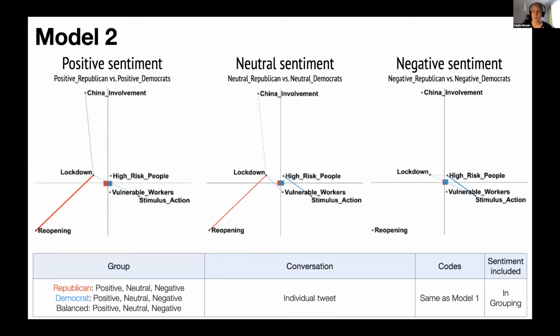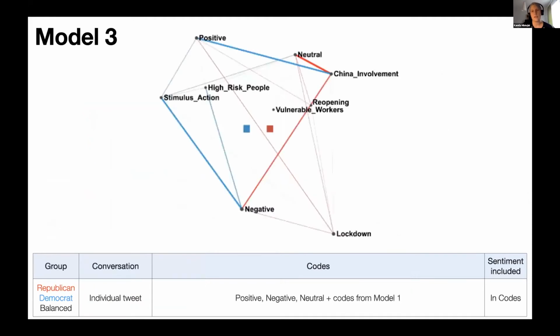So it was part of our segmentation of the data, where we grouped the data not only by the tweets directed at or talking about the Republicans, but also by sentiment: only the tweets that were positive in the first model, only neutral sentiment tweets, and then the negative tweets in the third one. And then our third model included sentiment analysis, but as codes. So the grouping is the same as in the first model.